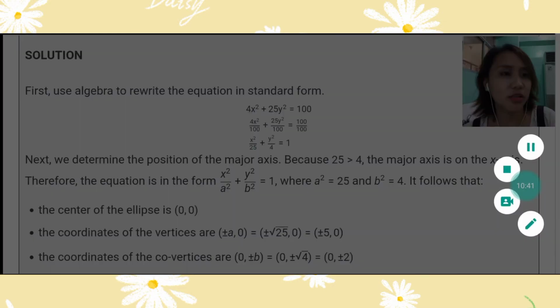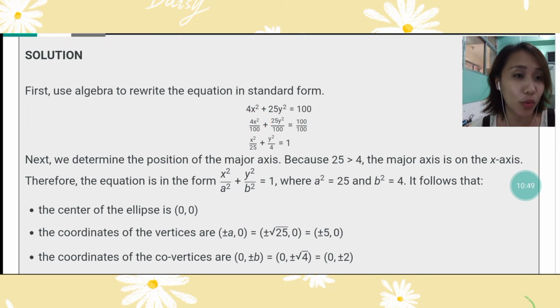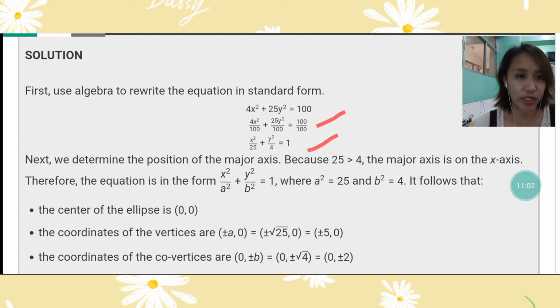So as a result, simplifying 4 over 100, that will be equal to x squared over 25. That is the lowest term. Then 25 over 100, the lowest term there is 1 over 4, or simply 1/4. And 100 over 100 is simply 1.